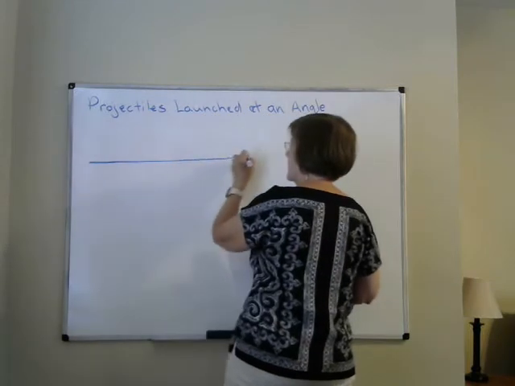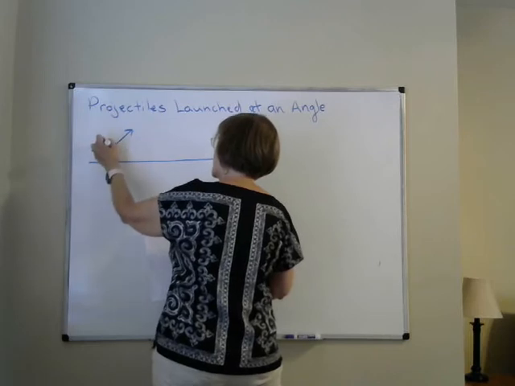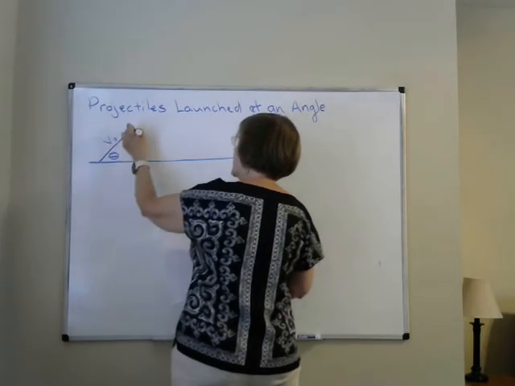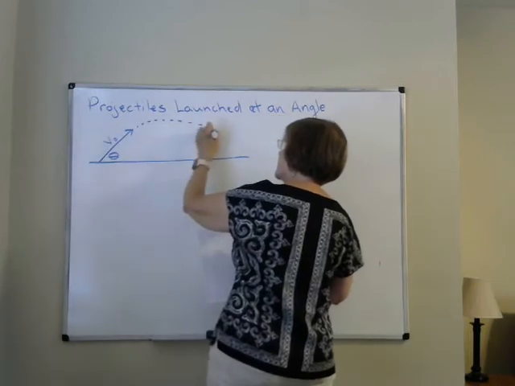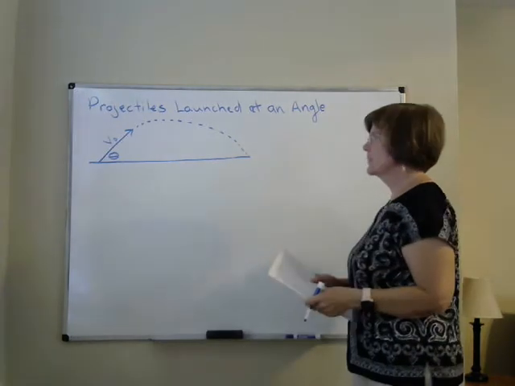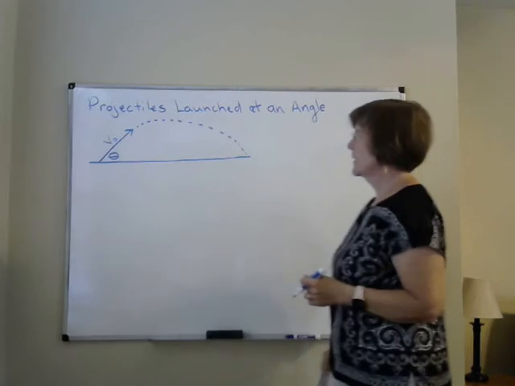Here's the ground. What happens if you kick a football with some initial velocity at some angle? It's going to form a parabola too, only you're going to see a whole parabola, whereas with a horizontal projectile, you're starting at the top and only saw half of a parabola.